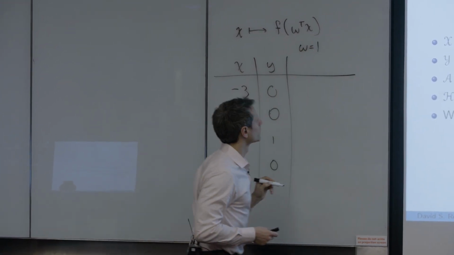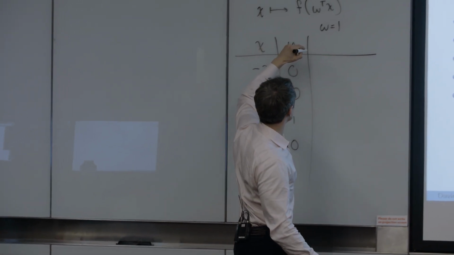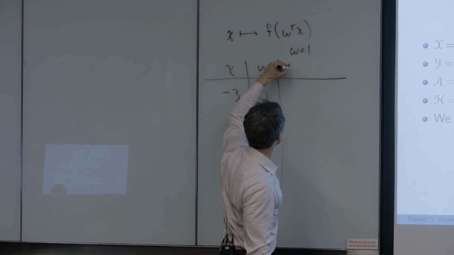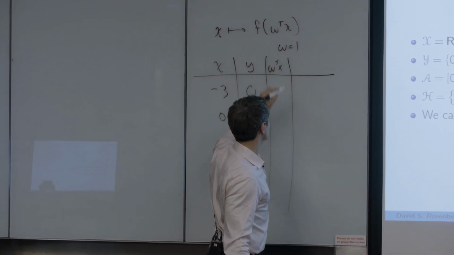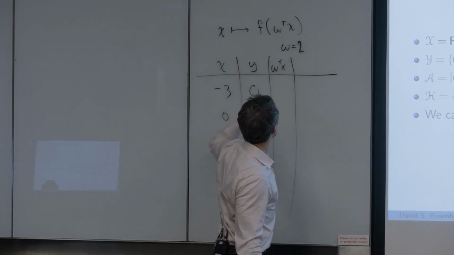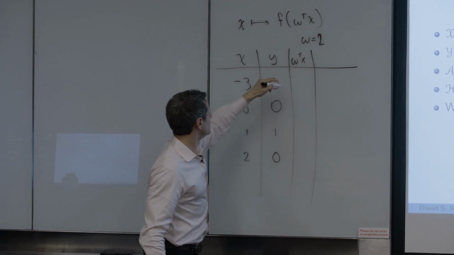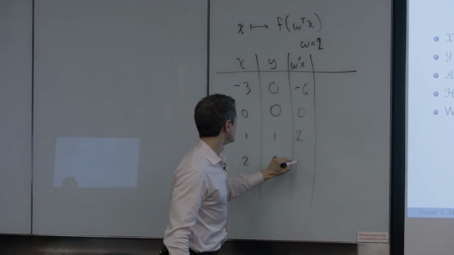All right. And let's develop some scores. So w transpose x, that's just 1 times x. Let's make it 2, that's a little bit boring. Let's go 2. OK, so this would be -6, 0, 2, 4.